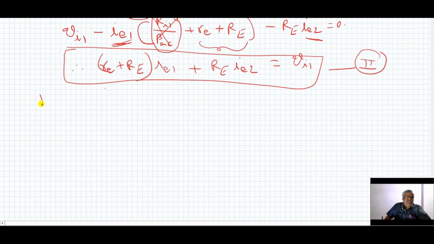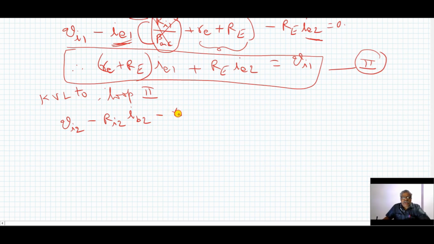In the similar way, if we write KVL to second loop, then the equation will be Vi2 minus Ri2 into Ib2 minus small re into Ie2 minus capital Re into Ie1 plus Ie2 is equal to 0.